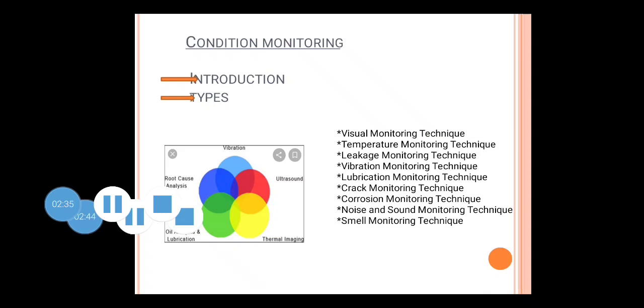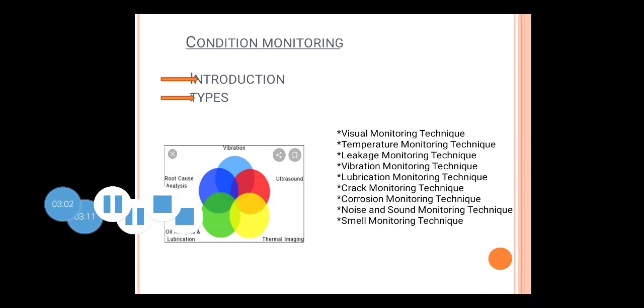Before the fault occurs, we may need to shut down the production system, or else it may cause heavy losses, cost, and defects may arise. Henceforth condition monitoring is very much important.